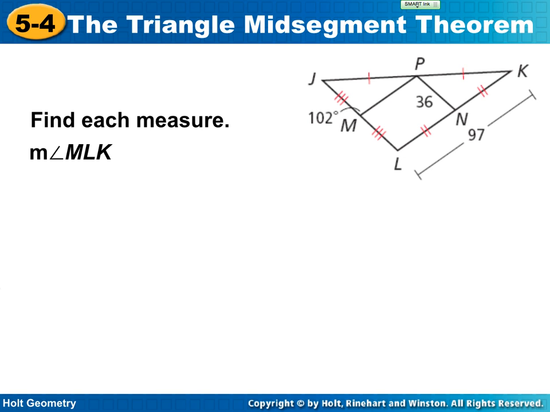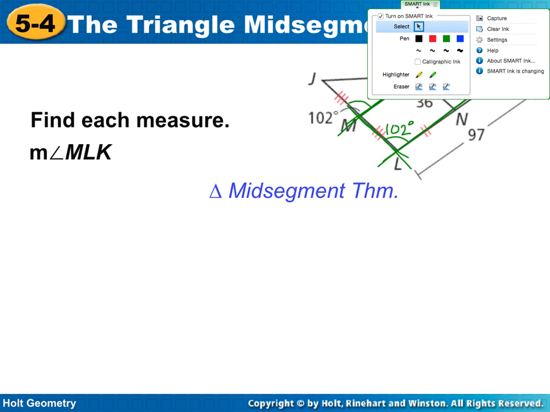How many degrees is this angle? Why is it 102? Some of you are just kind of guessing, I think. Parallel lines, transversal, corresponding angles that are congruent. Is it better if we just do one at a time?